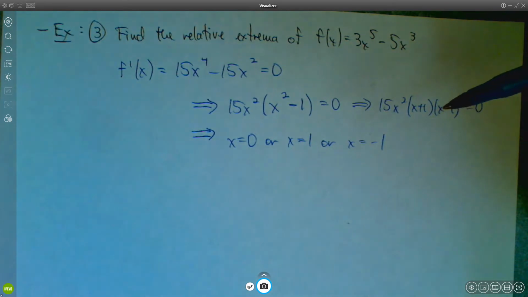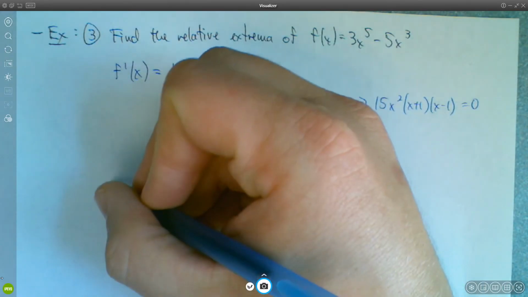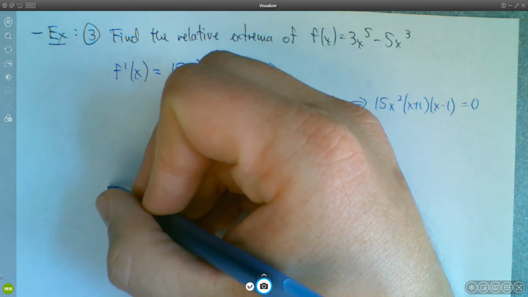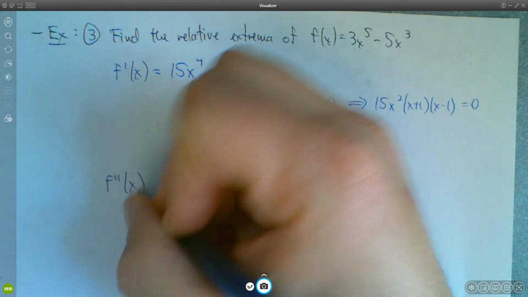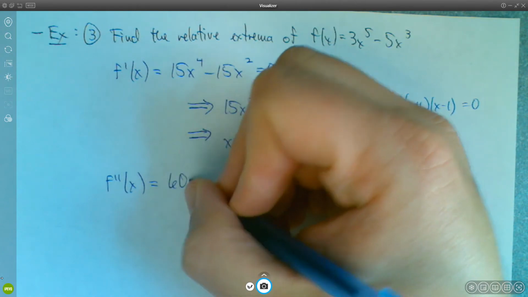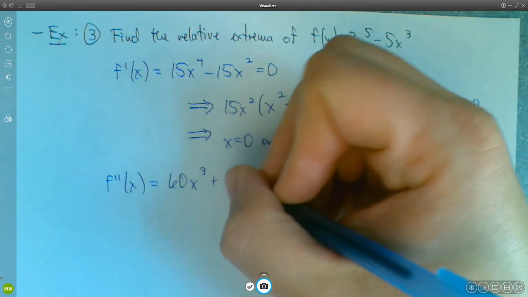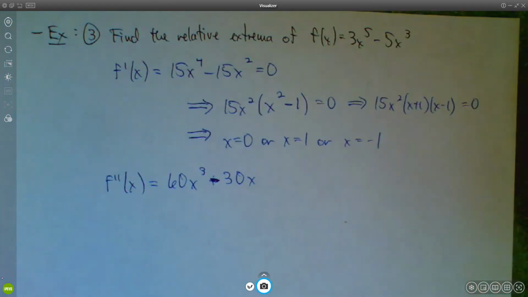But a second, different way to figure out if they're relative extrema is to now take the second derivative. That's going to be 60x cubed minus 30x, right?